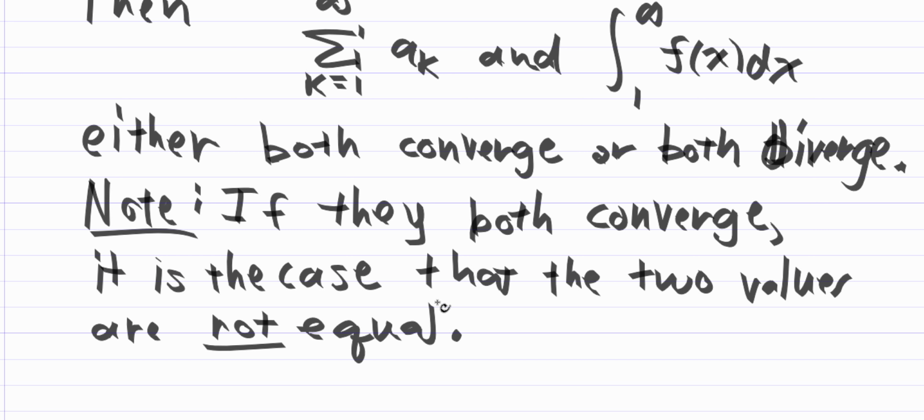So even if they converge, before we knew they definitely couldn't be equal. One is going to be a strictly larger area, and we know that that difference ultimately is going to be an Euler-Mascheroni constant. However, if they both converge, even in that case, these two values are not equal, and that's something to be careful of.